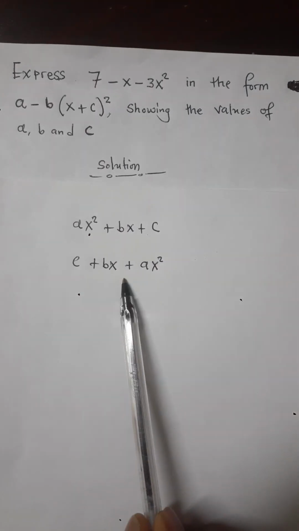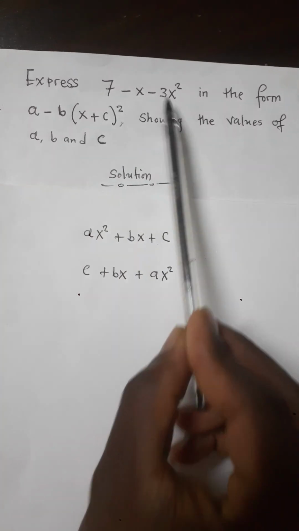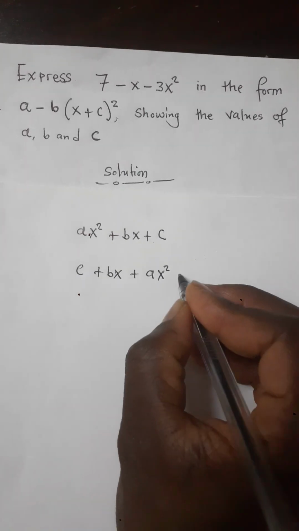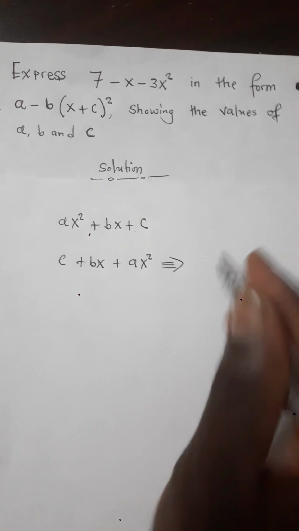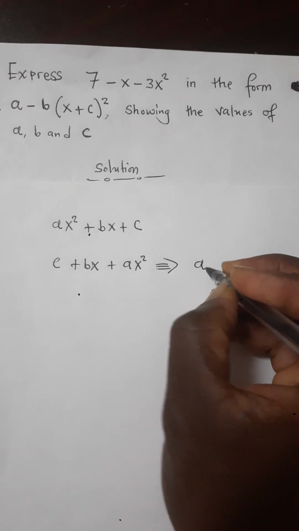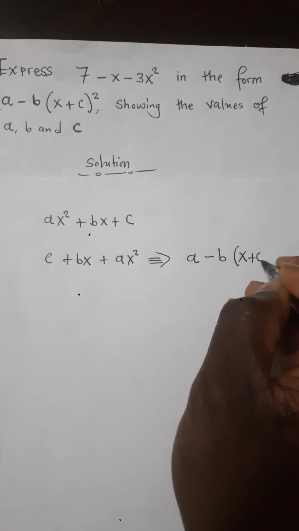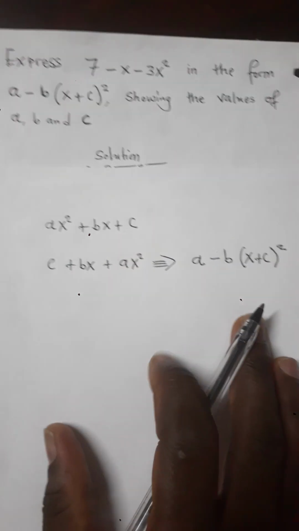And the question is, we need to express this expression, we need to convert it from this form to a minus b open bracket x plus c close bracket squared. So we are coming from this side to that side.